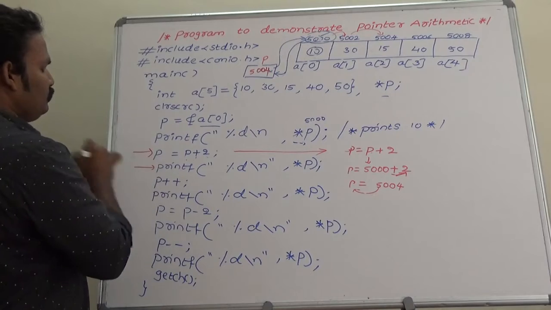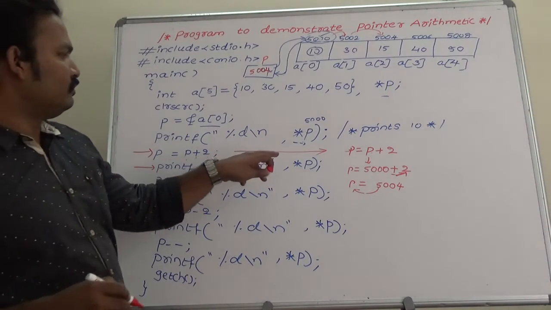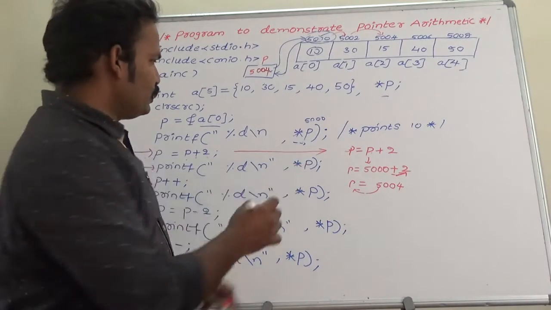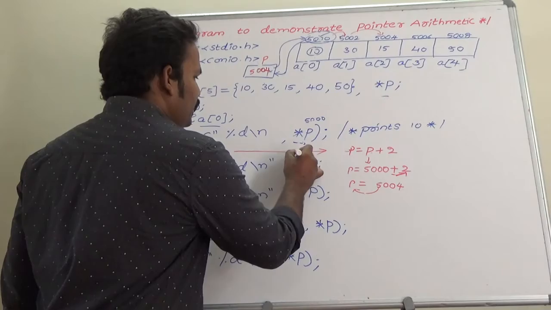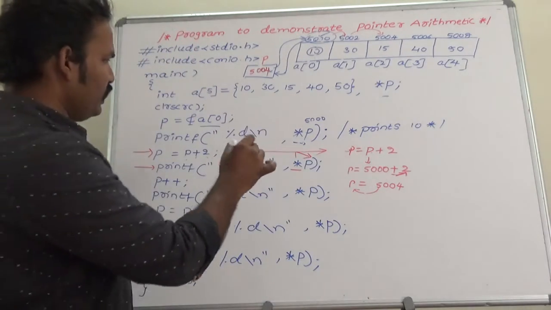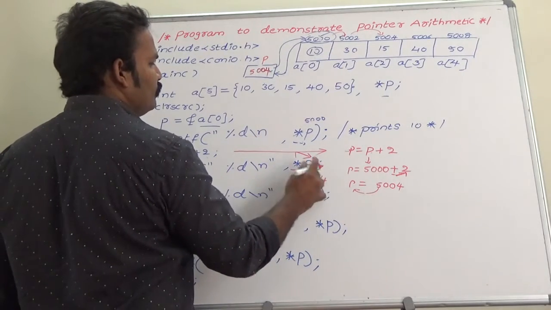Now the printf statement prints what? The value which is stored at that particular address. So pointing to an address gives the value at that address. Here the address is what? 5004.